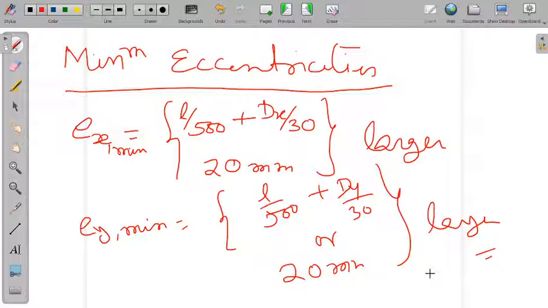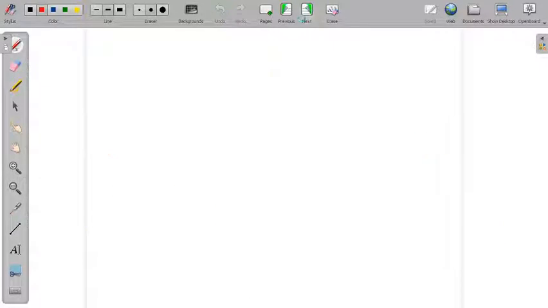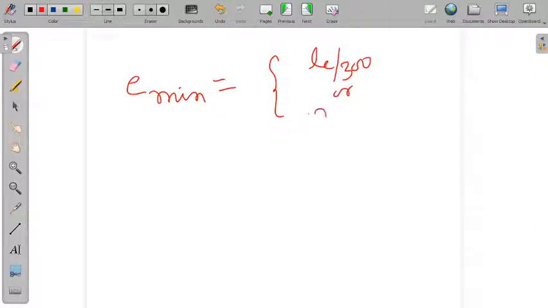For non-rectangular and non-circular section, this e minimum is to be taken as L effective by 300 or 20 mm, whichever is larger.